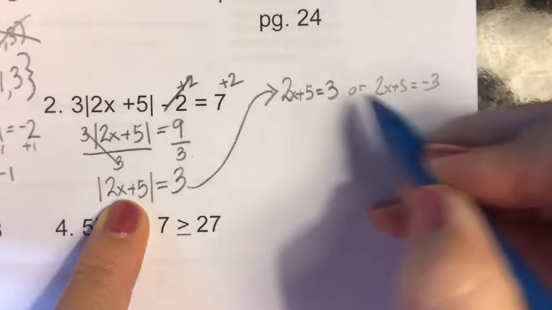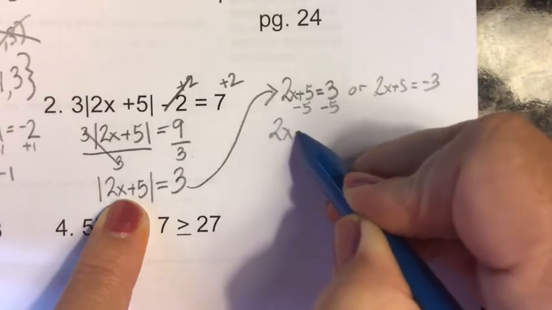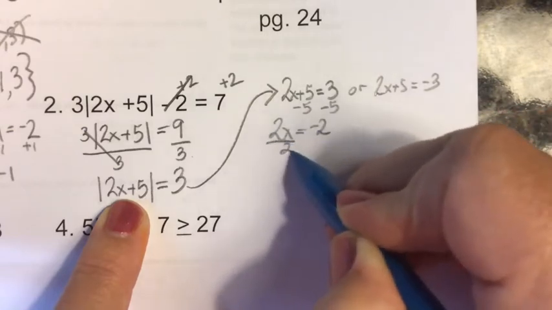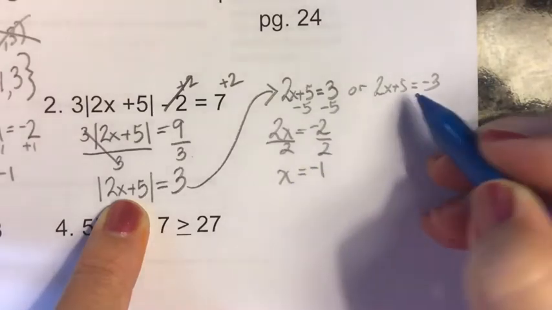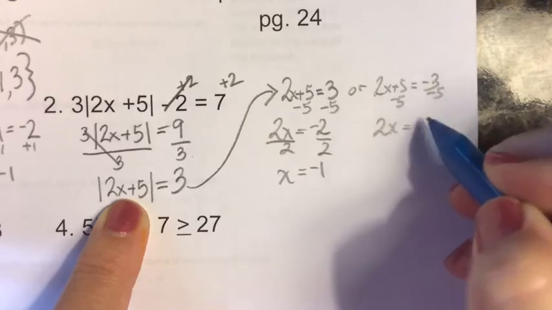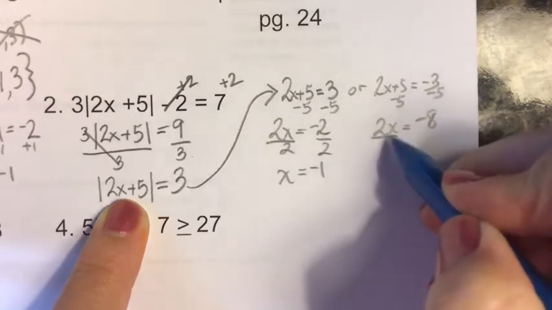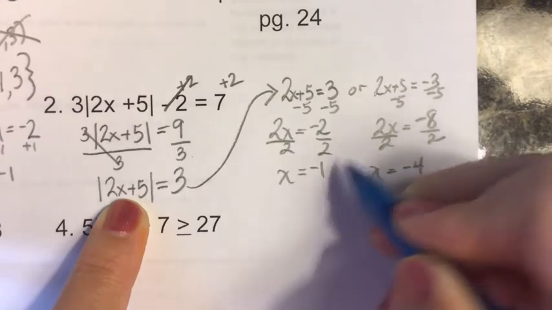I'll solve each of these equations. x will equal negative 1 here. Subtracted 5. Divide by 2. x will equal negative 4.